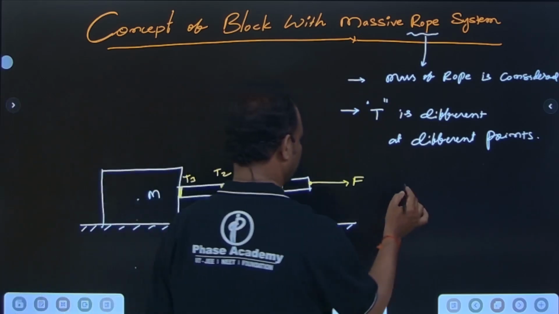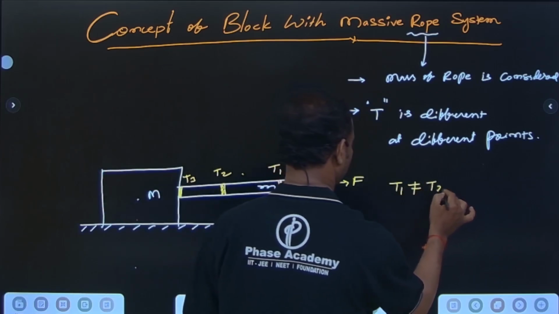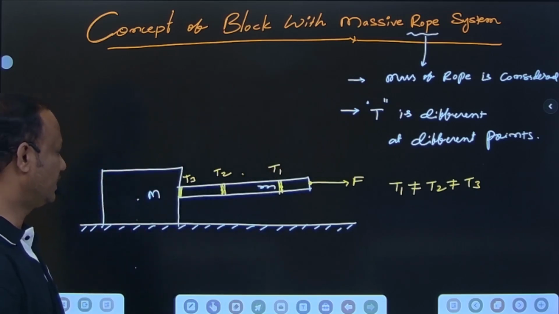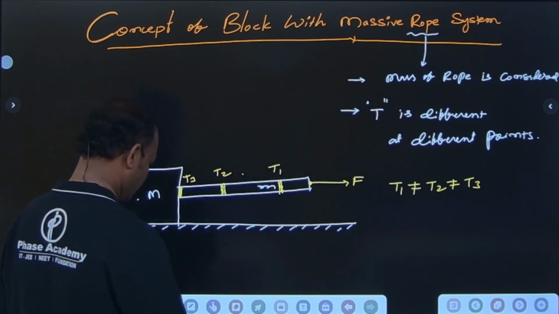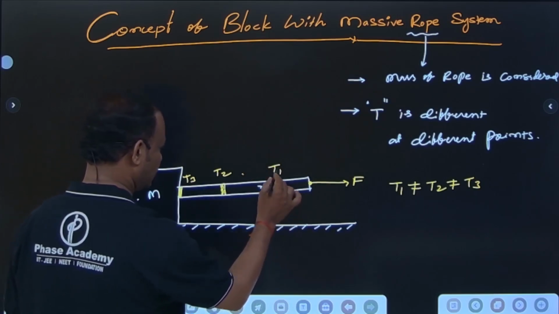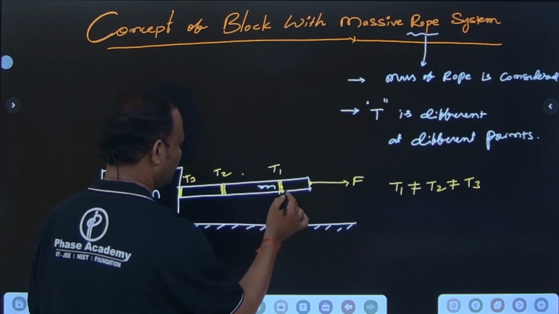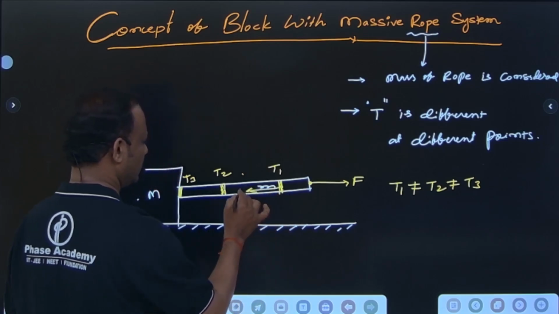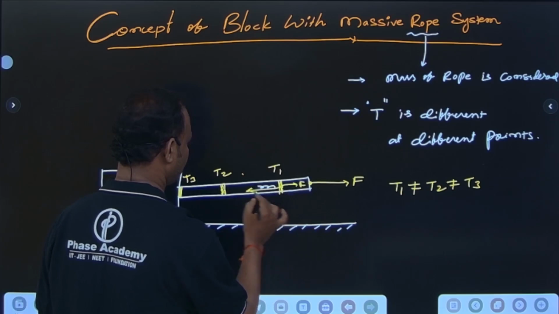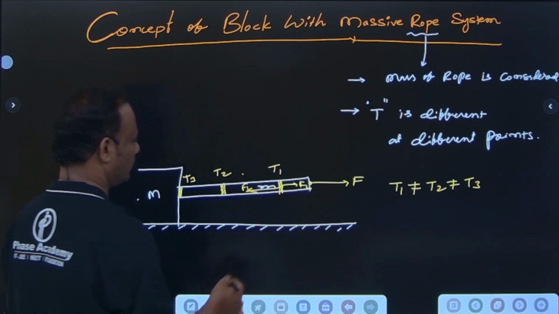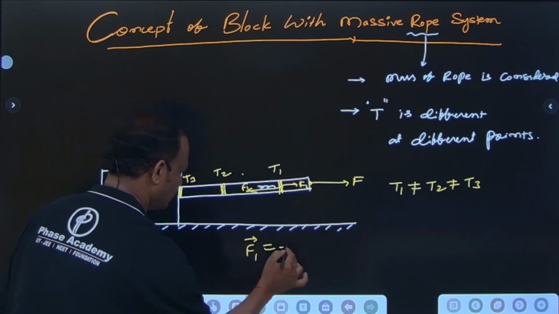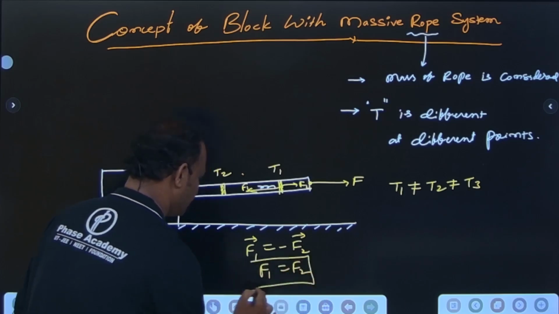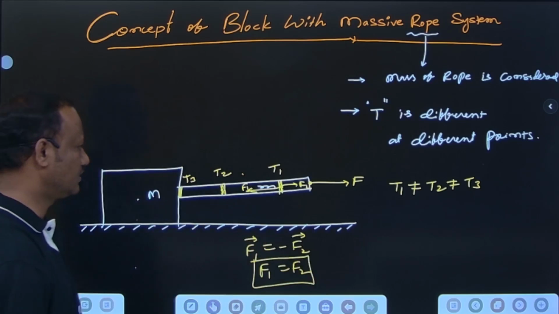So T1 is not equal to T2, which is not equal to T3. Whichever force is acted by one part on the next, the reaction force acts back on it, so F1 bar is equal to minus F2 bar, and the magnitude of F1 is equal to the magnitude of F2. At every point this happens.